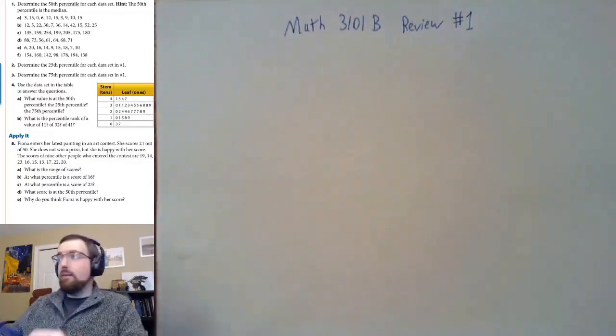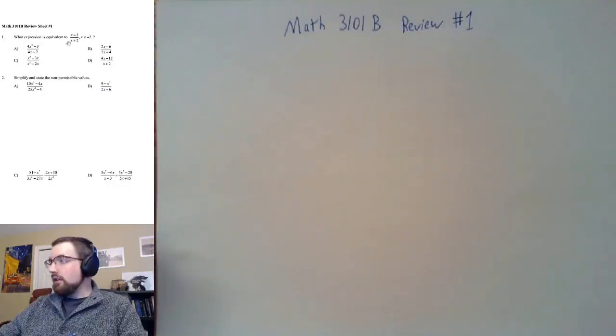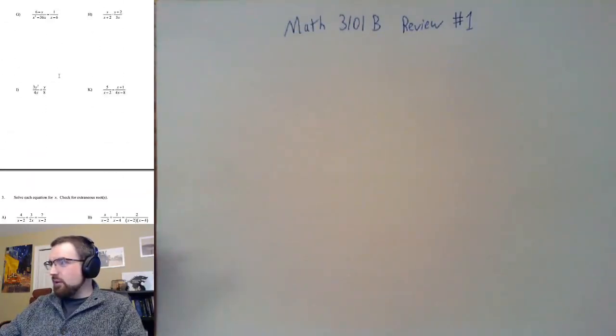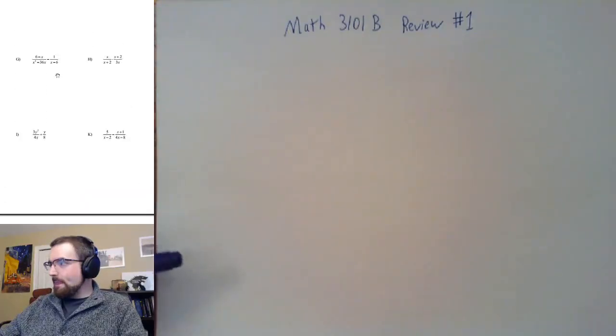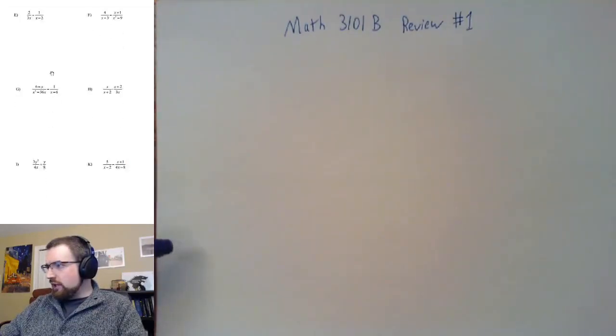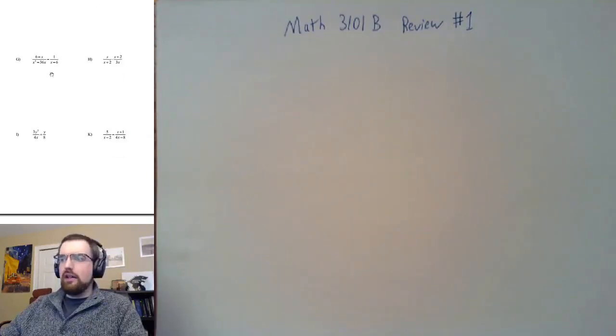I'm going to do some, let's see, here we go. Simplifying and stating non-permissible values. Let's do a few more of these ones. Yeah, let's do I and K for sure. Let's do G as well. G, I, and K maybe? Yeah, let's at least do those ones.